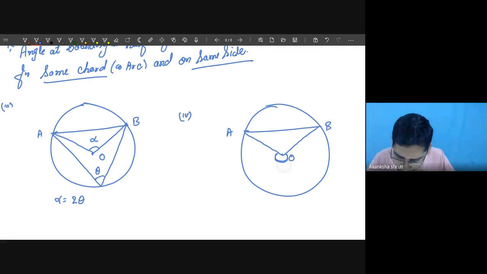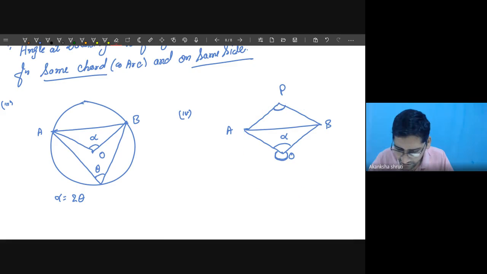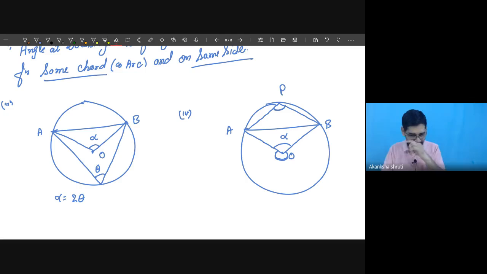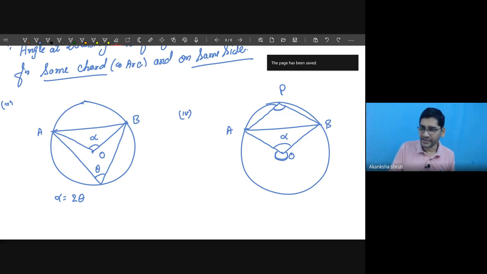And the point P is given to you at somewhere here. Or we may consider this as the alpha. But this is the figure. And you need to find this angle at P. So what is the angle at P that we want to know? What is the angle at P that we have to understand?